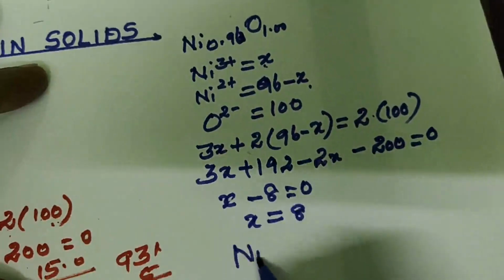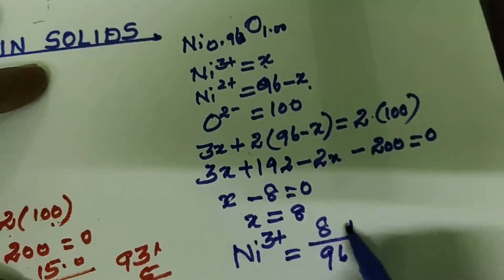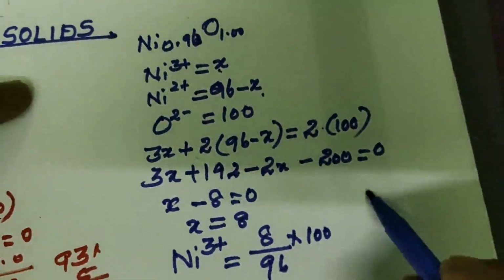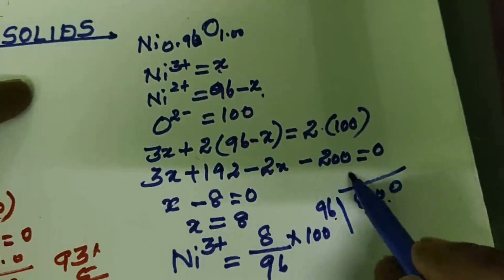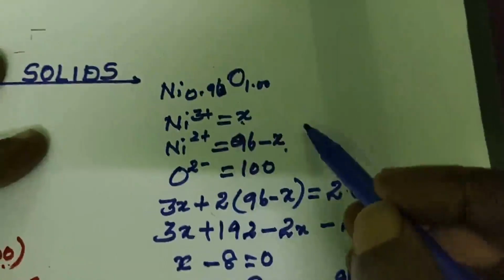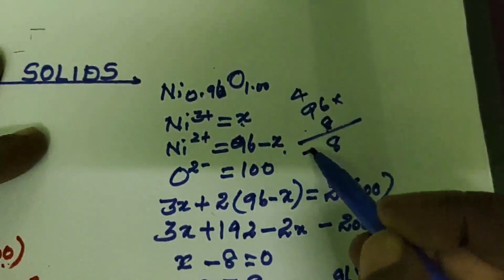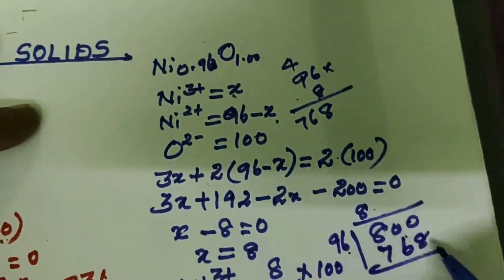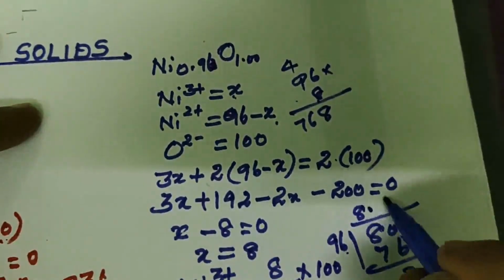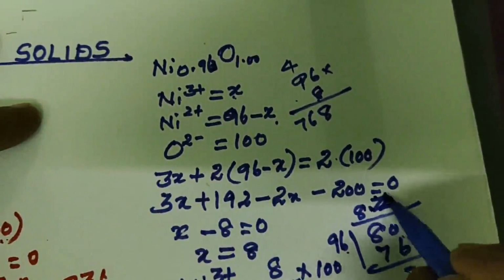Then Ni3+, how much? Out of 96, 8 into 100, that is 800 divided by 96, which is 8.3 something, considered as 8.4.